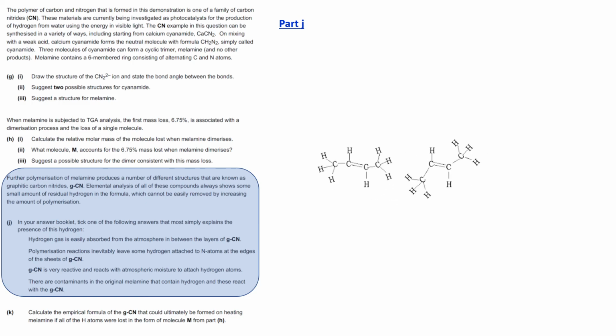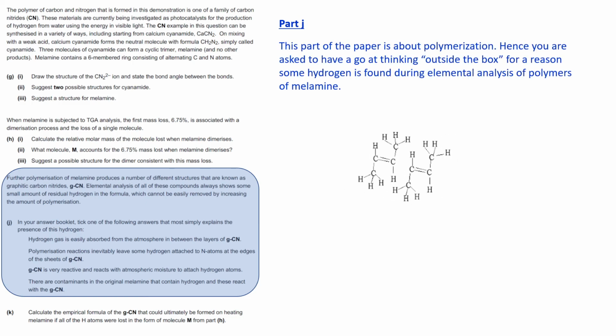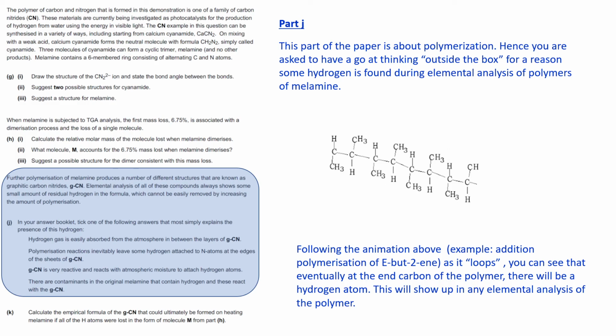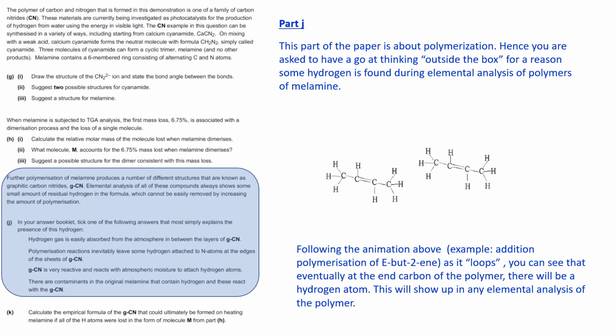Now, you can see a little animation here. This animation is looking at the addition polymerization of E-butadiene. So there's 4 possible statements that explain why the elemental analysis of the graphitic carbon nitrides, or GCN polymers, have a little bit of hydrogen in the formula. So where's that going to come from?